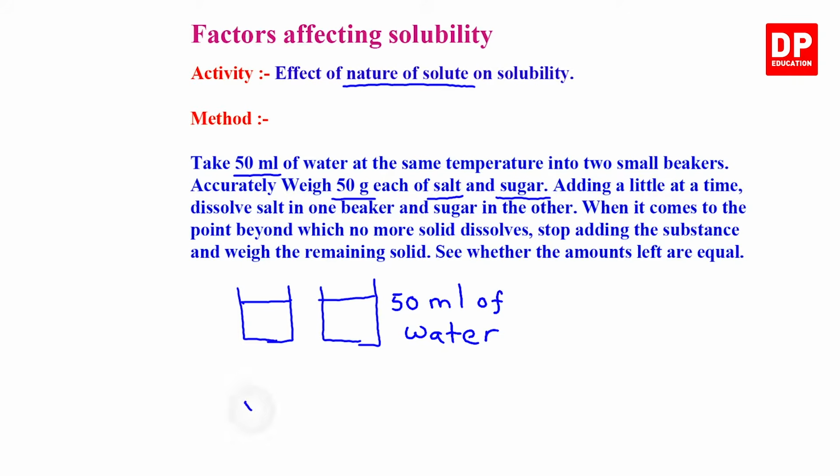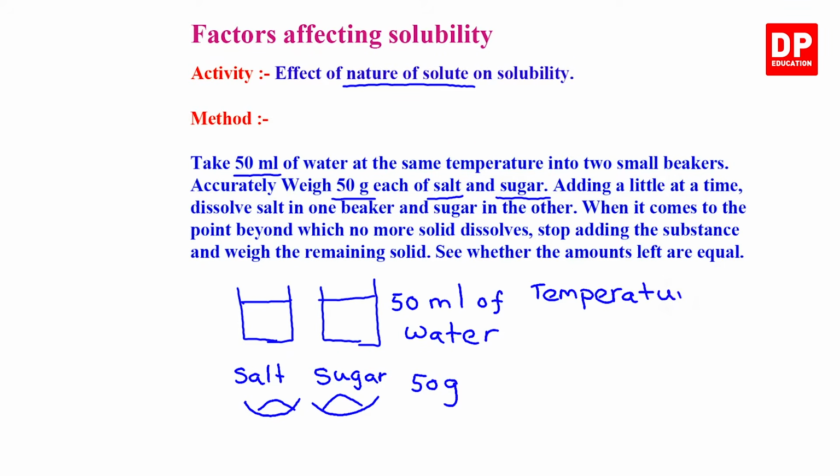And to that we add the same amount of solutes. One is salt, the other one is sugar. Here we take 50 grams of the salt and sugar. And the temperature is also the same, room temperature.